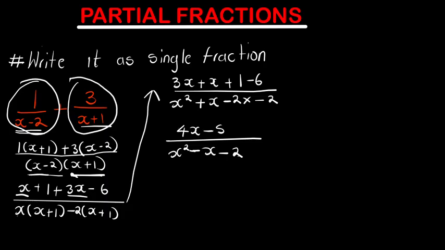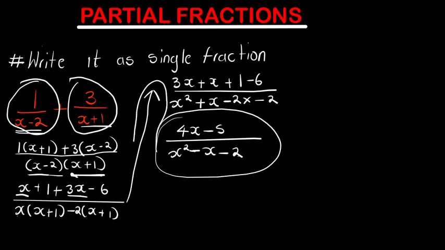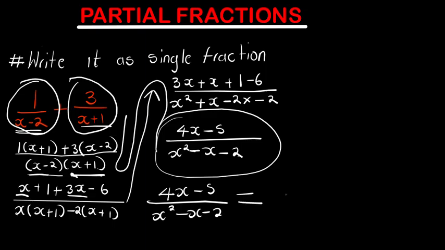In here, we'll be dealing with the single fraction, which is this one, and we'll be writing it back, the reverse of this, into partial fractions. So we'll be given 4x minus 5 over x squared minus x minus 2, and we shall be writing it in the form of 1 over x minus 2 plus 3 over x plus 1.